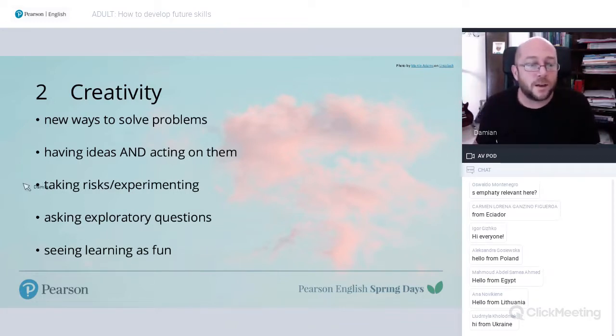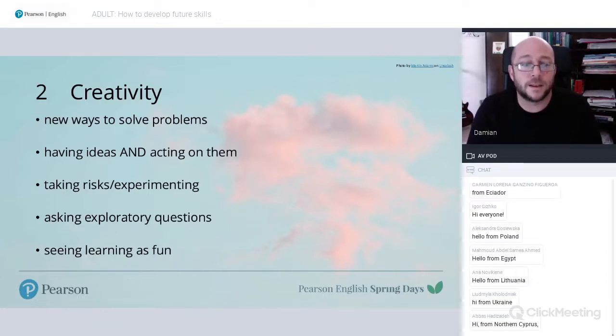And these last 3, I think, are particularly relevant and are likely to ring a few bells for us as language teachers. This is what good language learners do. They take risks, they experiment with new types of language. They ask questions to find out about rules behind different things.